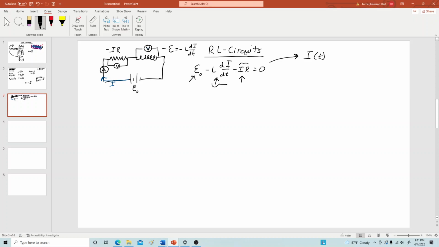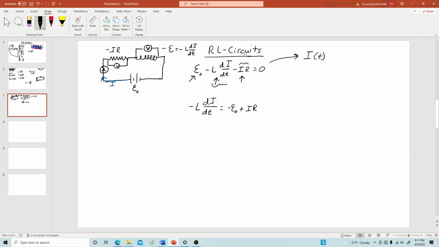So, what I'm going to do is I'm going to leave my derivative term alone. I'm going to get my other terms on the opposite side. So I'm going to say negative L di dt is equal to negative epsilon naught plus IR.